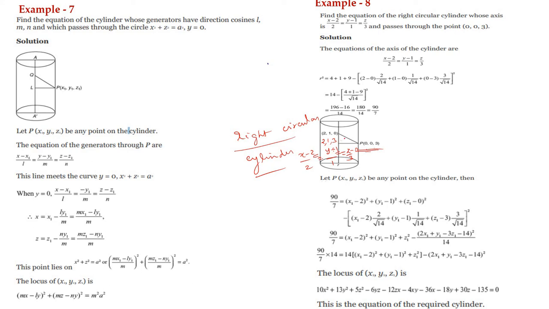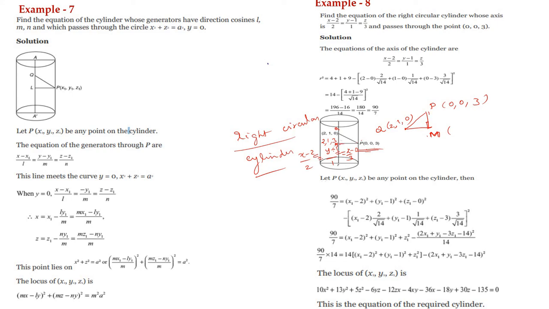Suppose I name the point (0, 0, 3) as P, the point (2, 1, 0) as Q, and this other point on the axis as M. Now PM is the radius.